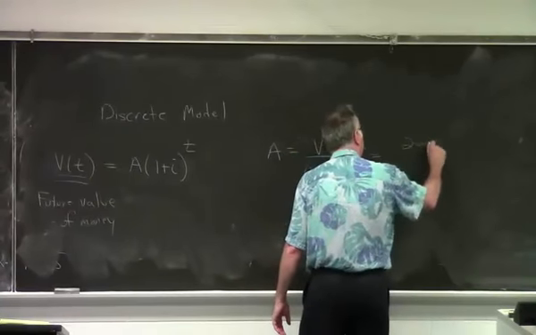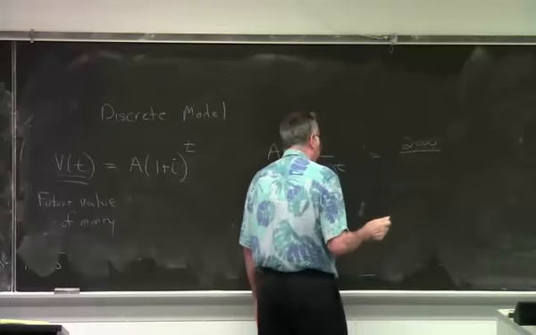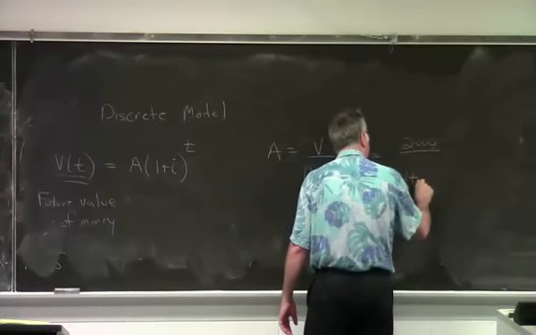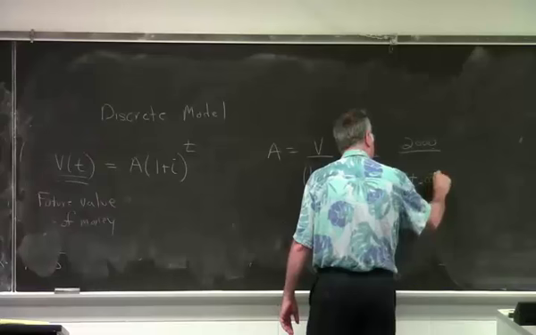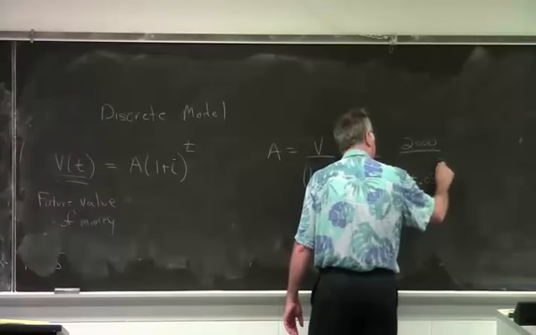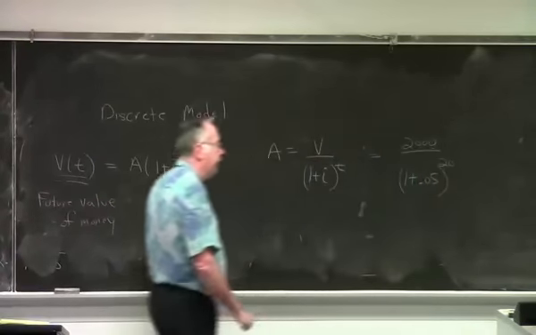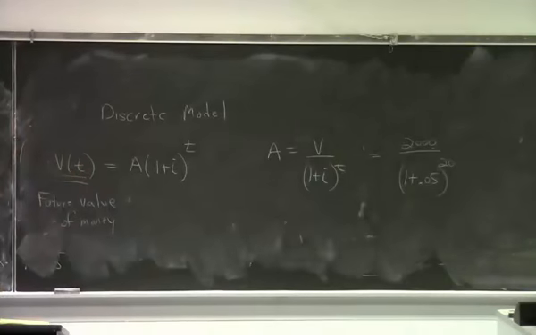The future value is known. How much is this worth if the interest rate is 5%? Well, you just calculate 2,000 divided by 1.05 to the 20th power, and you'll get the present value of the bond, what the bond is worth right now.